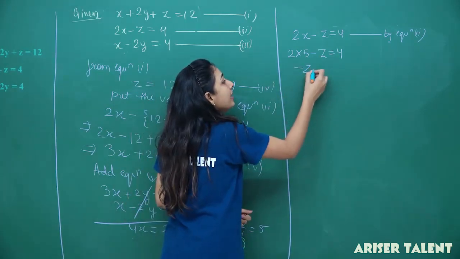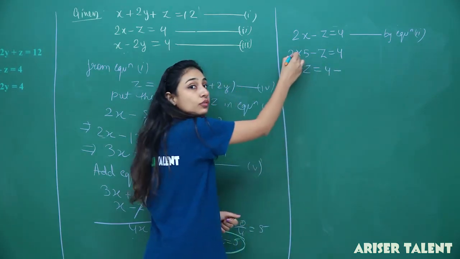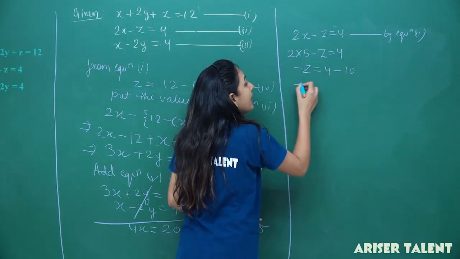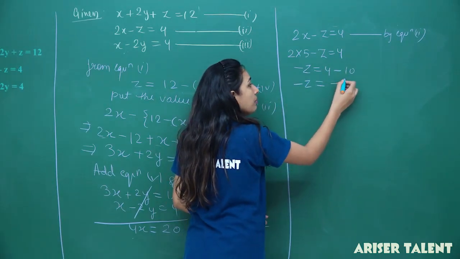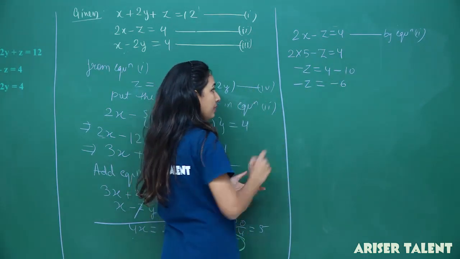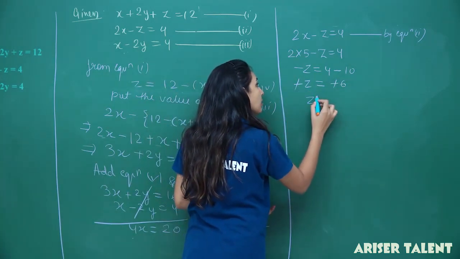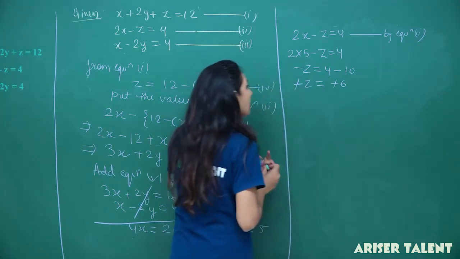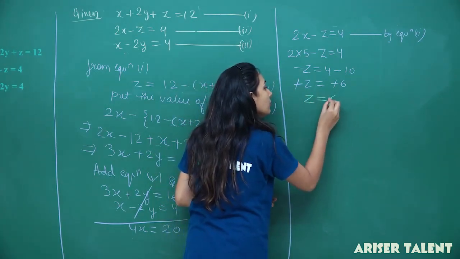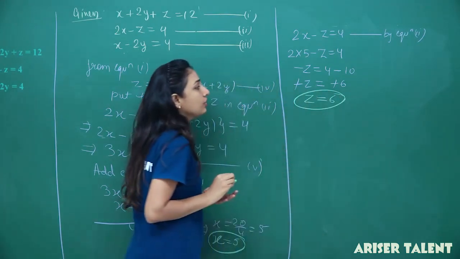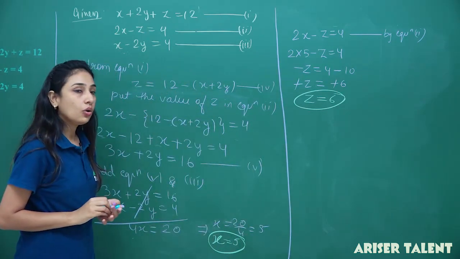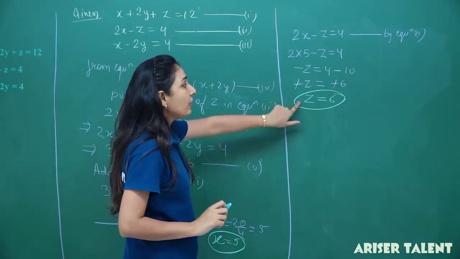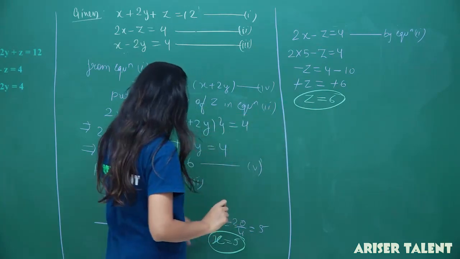Now, minus z equals 4 minus 10, so minus z equals minus 6. This implies that z equals 6. Okay. Now I have found the value of z, I have found the value of x.